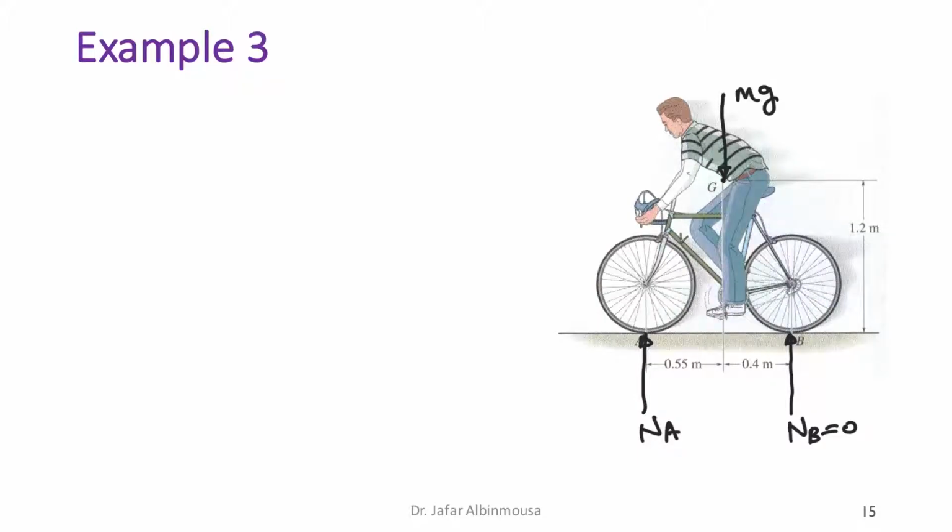Now since the brake was applied, this is going to be a decelerating system, so the acceleration will go to the right while the bike and the rider is still moving to the left. And because of that, the friction force is going to act in the opposite sense of the motion, and we will have mu_k N_A acting this way.